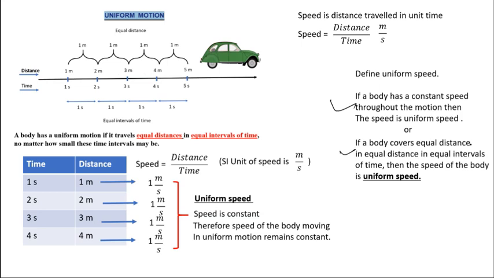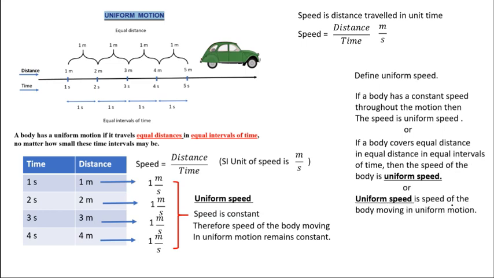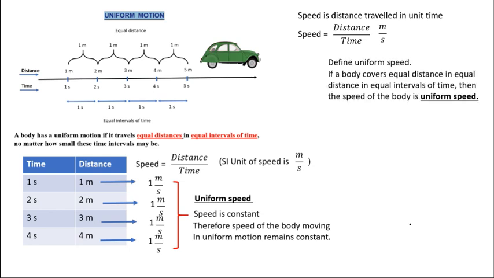Or even uniform speed is the speed of a body which is moving in uniform motion. All are same. Okay, you stick to this. This is better and gives a detailed explanation. If a body covers equal distance in equal intervals of time, then the speed of the body is called uniform speed. Right? So we'll stick to this definition.